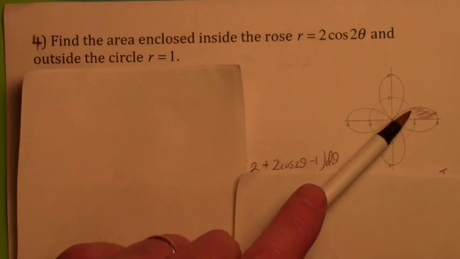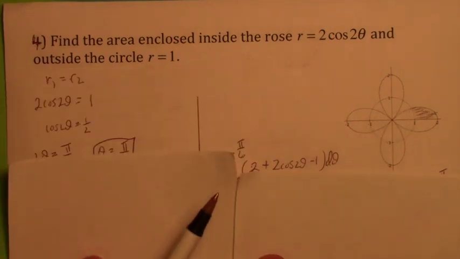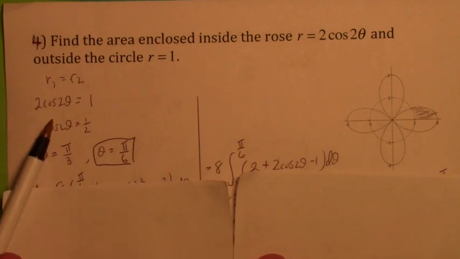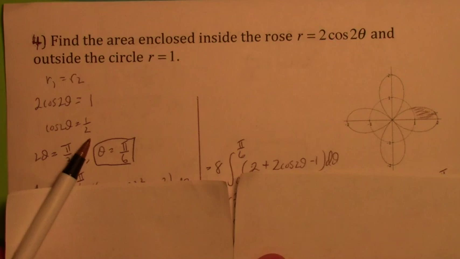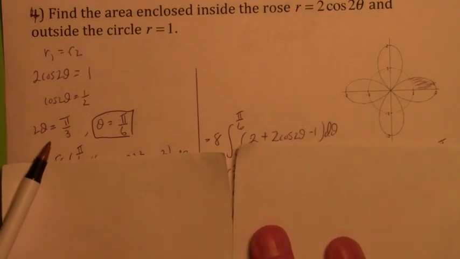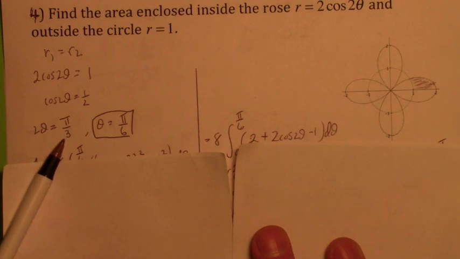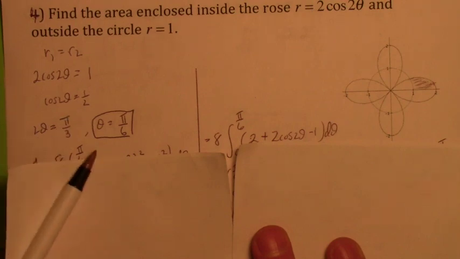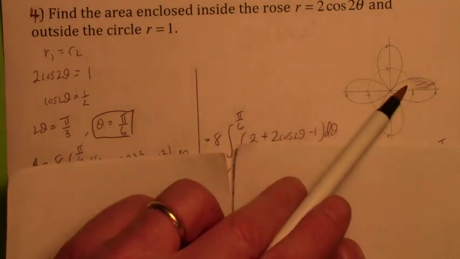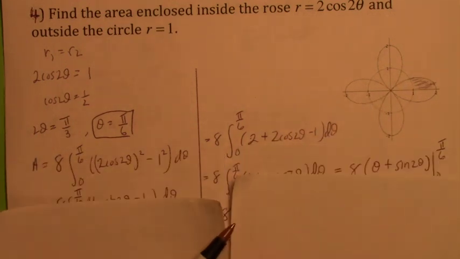I need to know when the rose hits the circle. And I got that if you have 2 cosine 2 theta equals 1, cosine 2 theta is 1/2. If you solve that for theta, I get 2 theta is pi over 3, right? That's where the cosine is 1/2. And so theta would be pi over 6, which seems like a reasonable answer. So my integral gets set up like this.